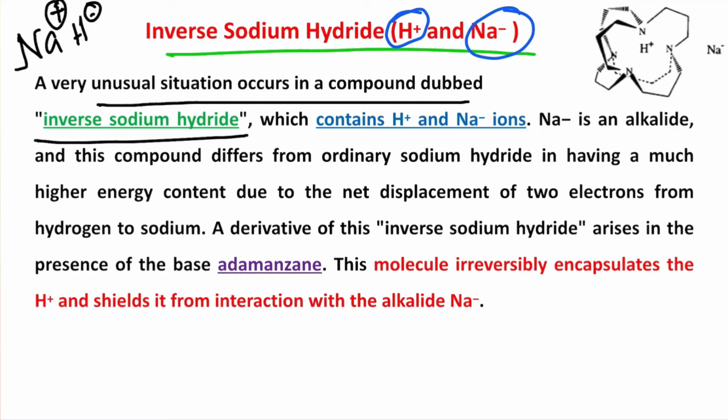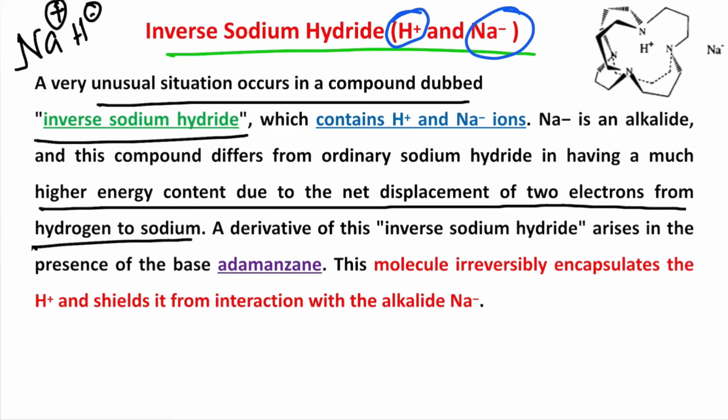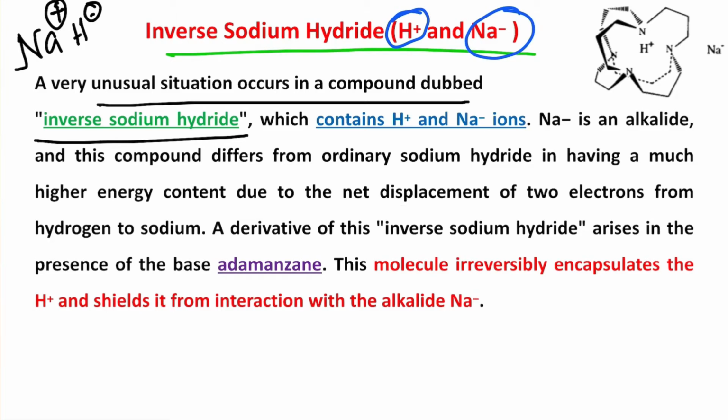It's true. And this actually differs from ordinary sodium hydride in having a much higher energy content due to net displacement of 2 electrons from hydrogen to sodium. What do I mean? See, generally sodium prefers to be sodium plus. In this case, sodium is carrying the electron density and trying to be sodium minus.